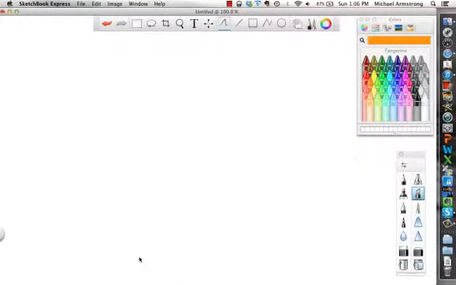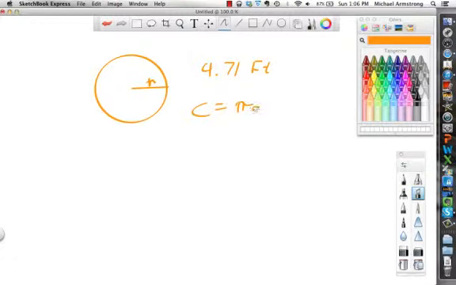They're going to give us questions, like they may give us a circle, and they may say that the radius of the circle is r, but they may not tell us exactly what that is, but they might tell us that the circle has a circumference of 4.71 feet. So then we have to remember the formula: the circumference equals pi times d, or C equals 2 pi r.